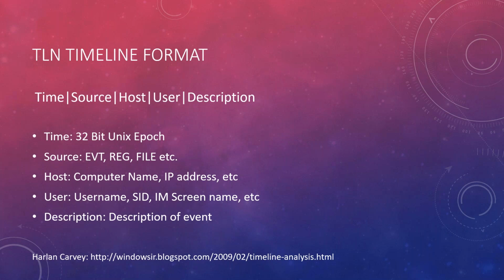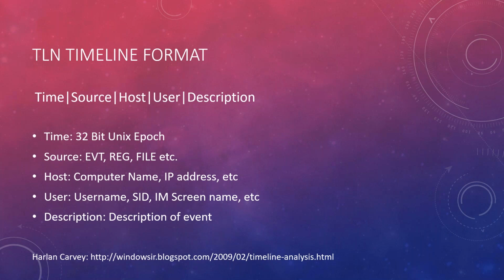And then last but not least, and probably the meat of the entry, is the description. For event logs, that's the event ID along with a description of what that event is, a remote connection, a login, maybe an AV alert. For the registry, it's the registry key, and in some instances, the registry key and the value, depending on the tool that you use.